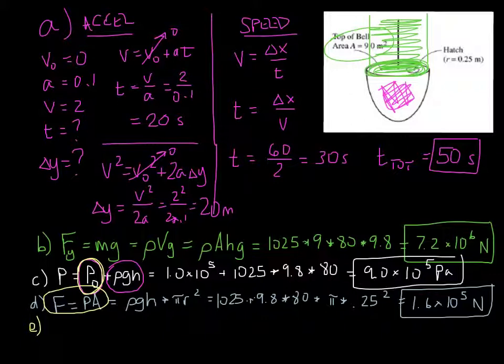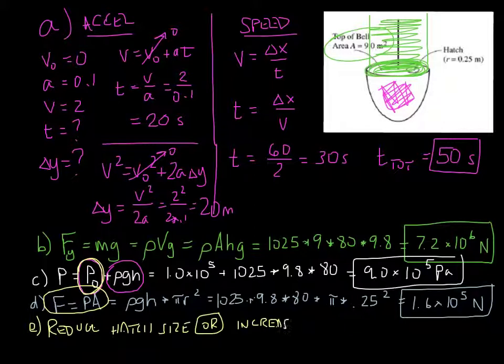So the 2 most obvious answers are reduce the size of the hatch or increase the pressure inside the bell.